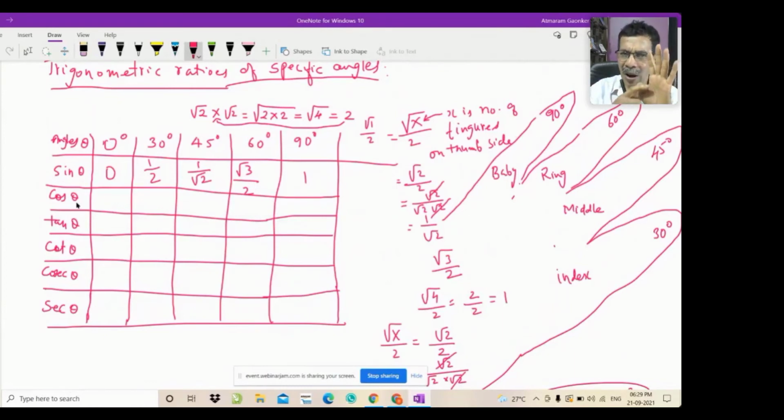When you bend the finger, you take the number of fingers towards the baby finger instead of towards the thumb. That is one method. And an easier method is also there. What is that? Now you have gone from 0, half, 1 upon root 2, root 3 upon 2 to 1. So you have gone in this line. So you start from the last and come towards the first.